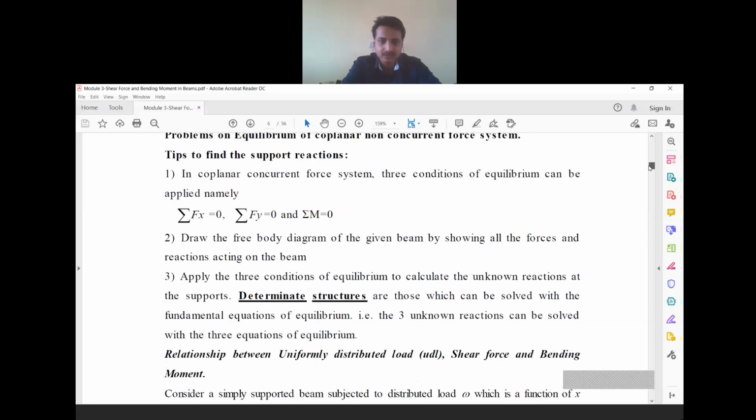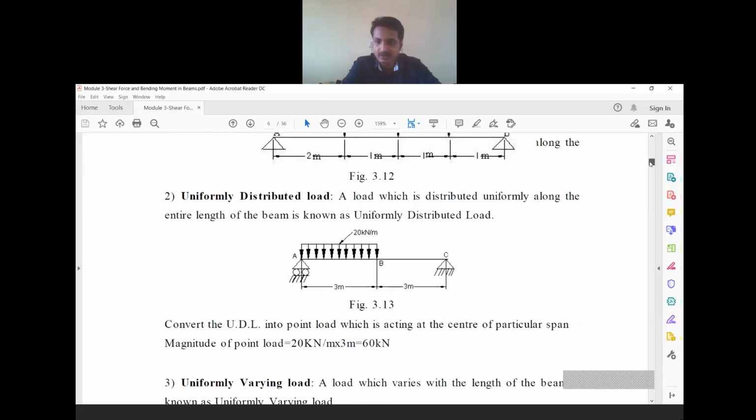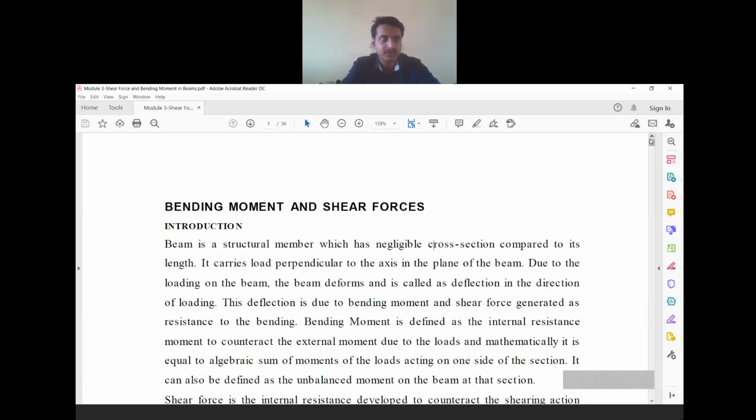In the next class I believe we will be understanding the reaction forces, how to calculate the reactions. With the help of those reactions, only then will we be able to calculate the shear forces and bending moment for the beams.